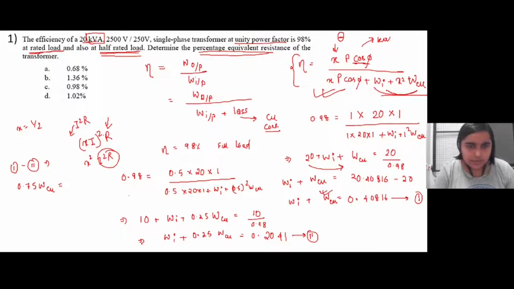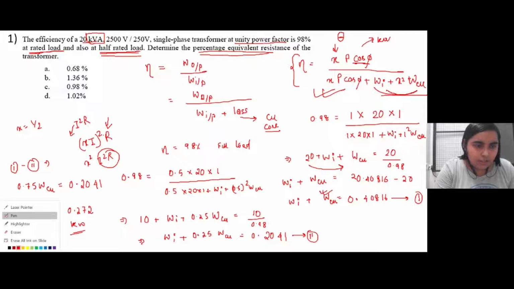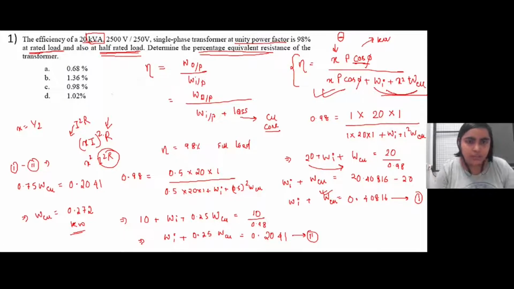So it is coming out to be 0.2041. So the copper loss that is coming up is 0.272. This is in terms of kilowatts, right? So now that we have the copper loss, we can calculate.